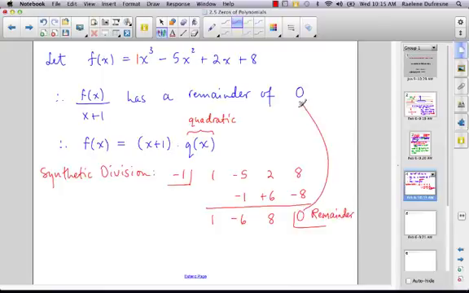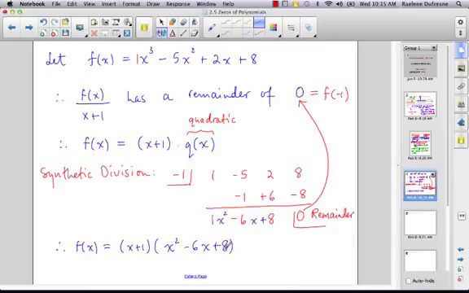But we should have a remainder of 0 because we saw that f of -1 was equal to 0. That's the remainder by the remainder theorem. So what we know now is that our cubic function f of x is equal to the linear function x plus 1 times the quadratic function x squared minus 6x plus 8.